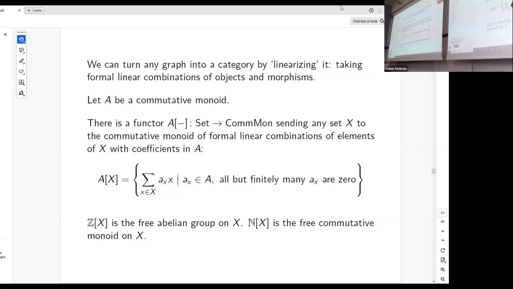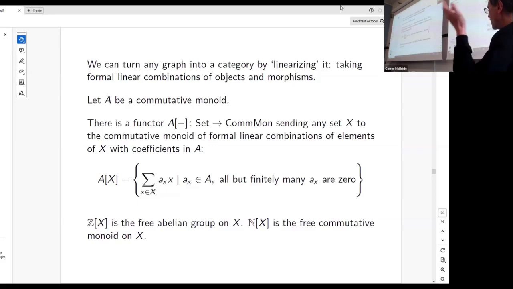But the only reason I mention that is I will occasionally allude to it, but what we really care about is the version where we use the natural numbers, and this then is what's called the free commutative monoid on X. So you're basically saying, give me a set X, and freely imagine that you can start adding elements of X. So you could add y, and you get something, and you might call it 2 times y for short, and then the coefficient would be the natural number 2.